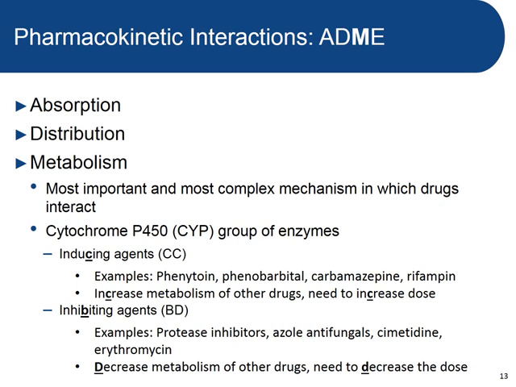So the third type of interaction I want to talk about are interactions with metabolism. This is by far the most important, and unfortunately the most complex type of interaction that we see in clinical practice. This type of interaction is related to the CYP P450 enzymes primarily. So we talked extensively about these in our pharmacokinetic lecture, but you may remember the CYP P450 enzymes are a group of enzymes that metabolize drugs.